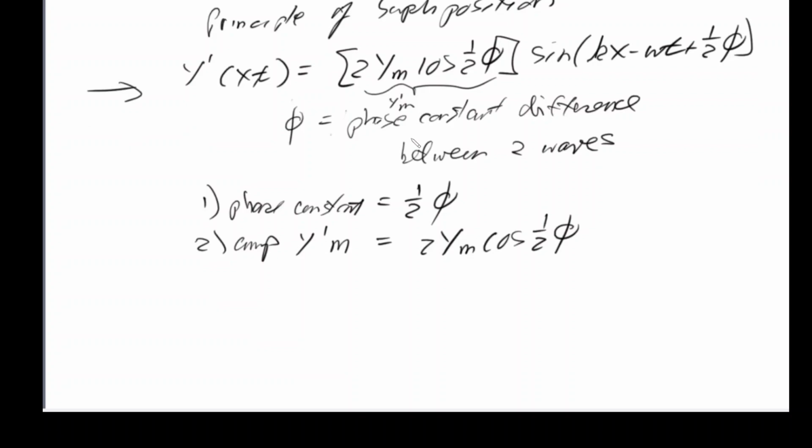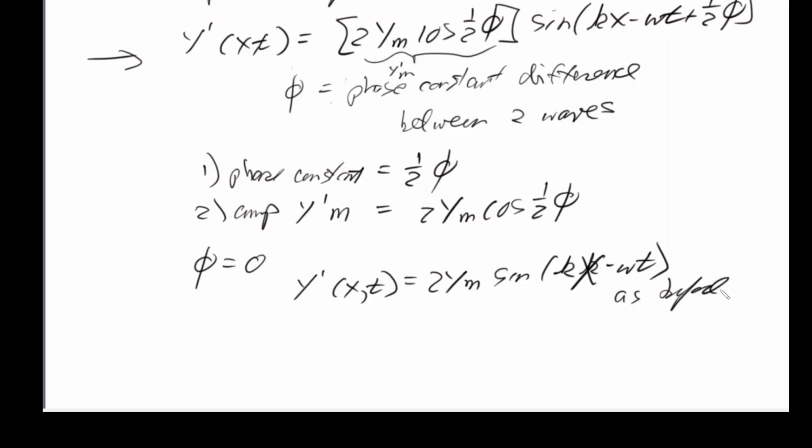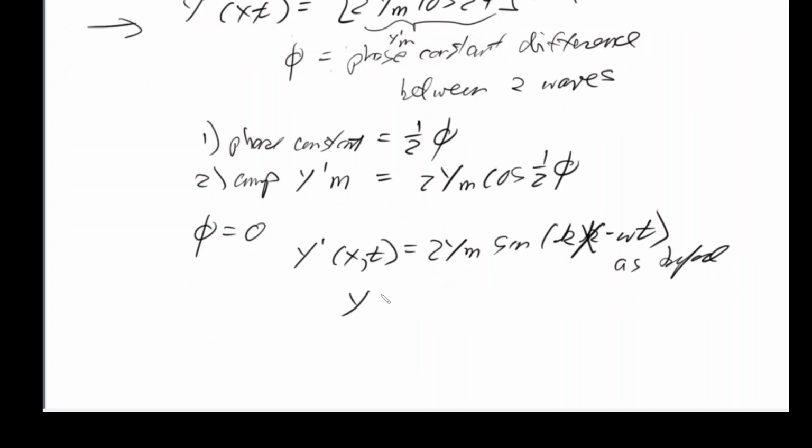If the waves are moving with a phase difference of 0, then y of x and t of the new resulting wave is 2ym times sine of kx minus omega t as before. And the maximum amplitude y prime of the new resulting wave is equal to 2 times the amplitude of the initial waves.